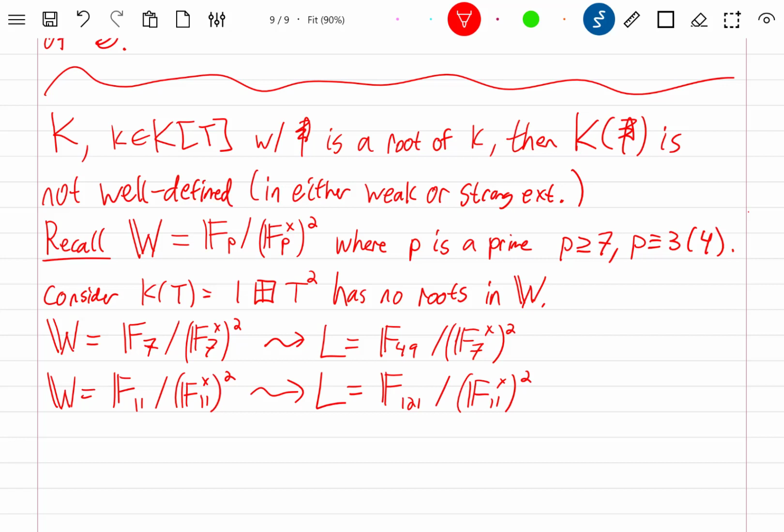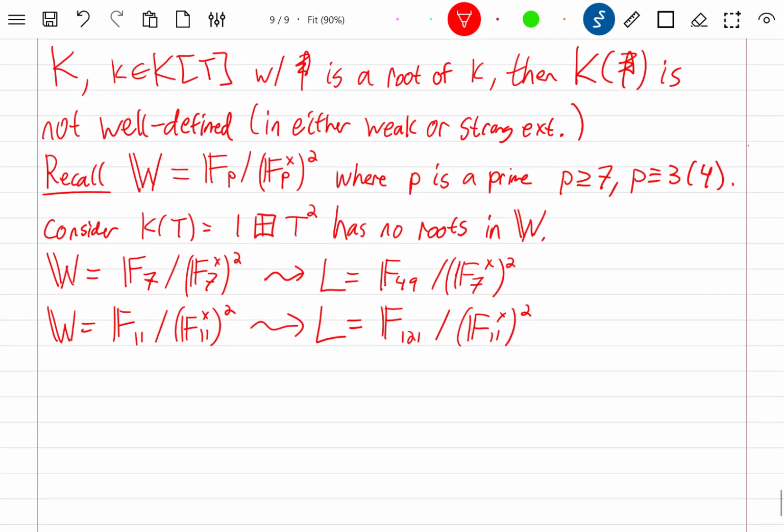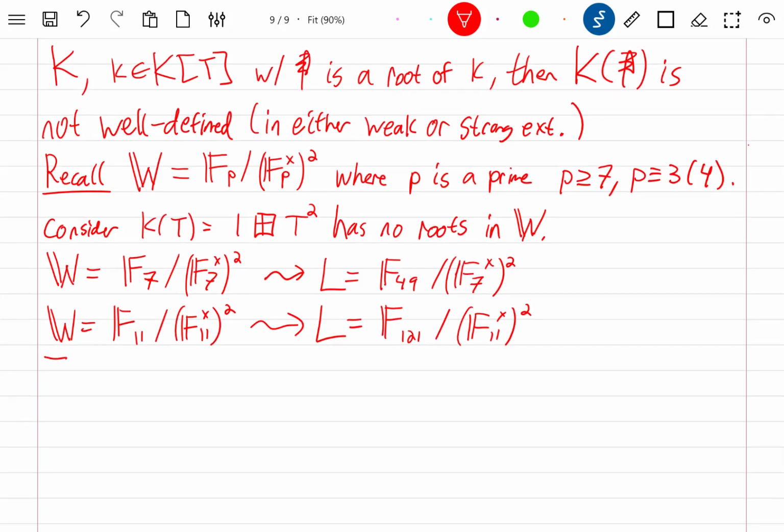But if there were something in between, we'll prove it can't be isomorphic to F49 mod F7 squared. So that's the goal.